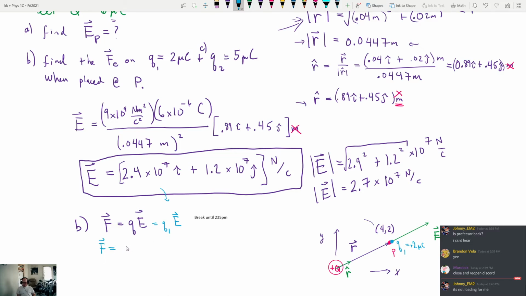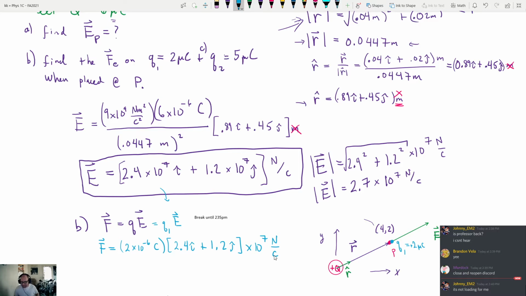So we take the charge Q1, so it's 2 microcoulombs. So you put 2 times 10 to the negative 6 coulombs, and then we just multiply that by, I'm going to write this in a little different way. I'm just going to put all the exponents out here, times 10 to the 7 newtons per coulomb, makes it a little easier.